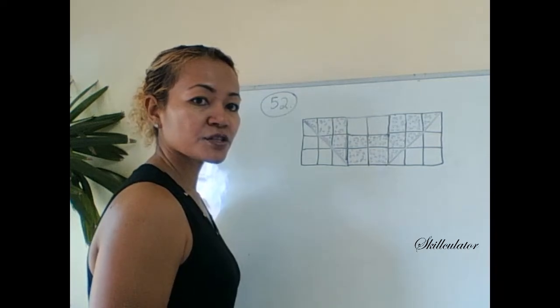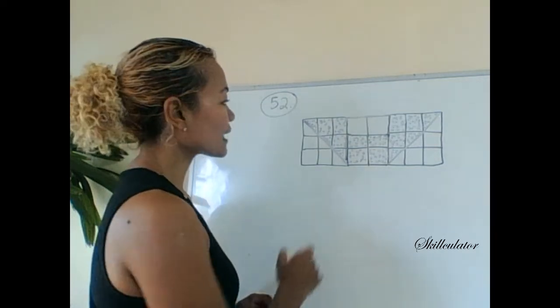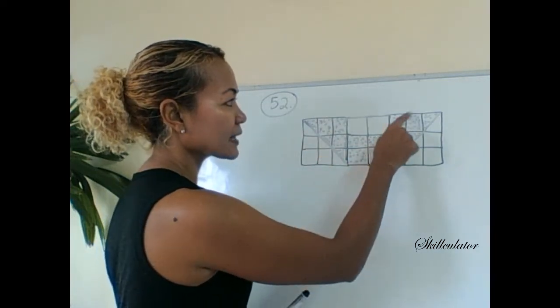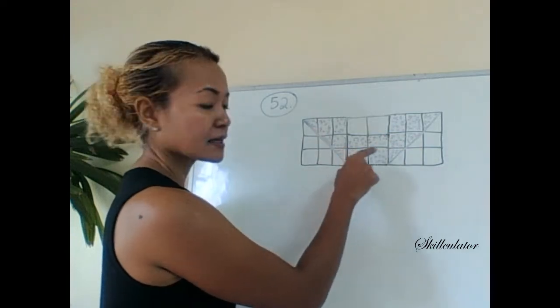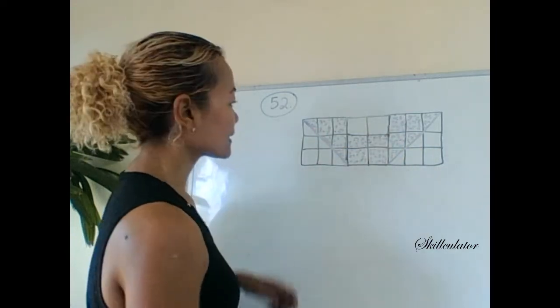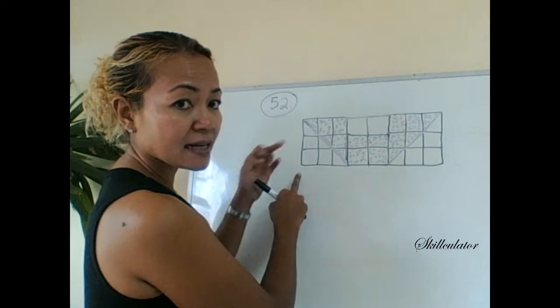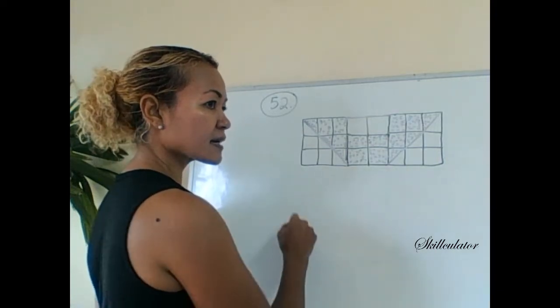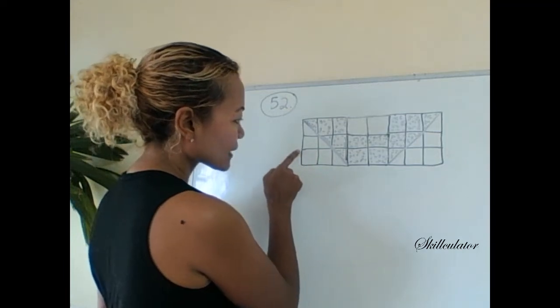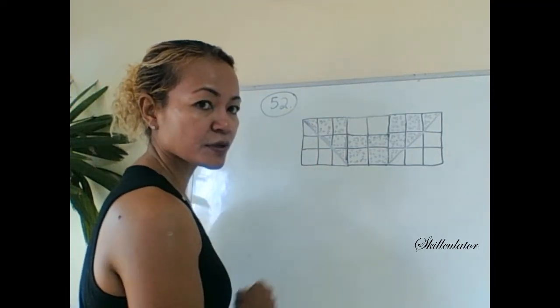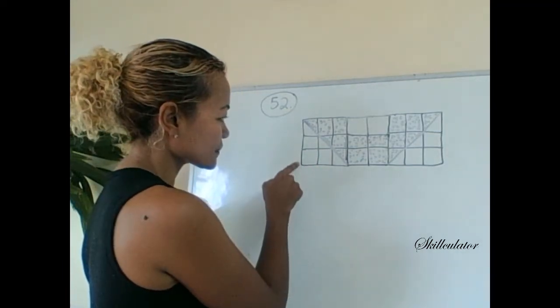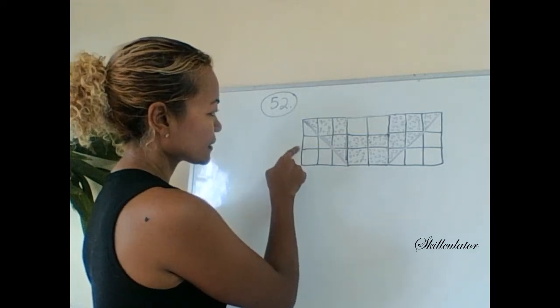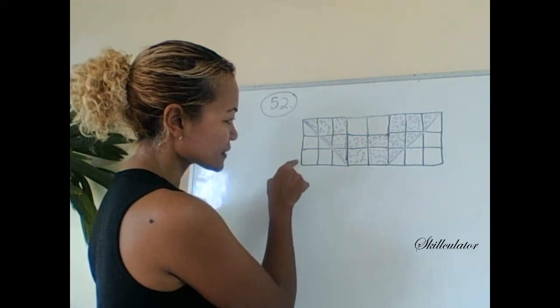In this question 52, you're asked to find out the area that's covered by the shaded area, in centimeters squared. Even though the diagram itself does not say what this measurement is, we are assuming from the question that this is 1 centimeter for each of the blocks, 1 centimeter on each side.